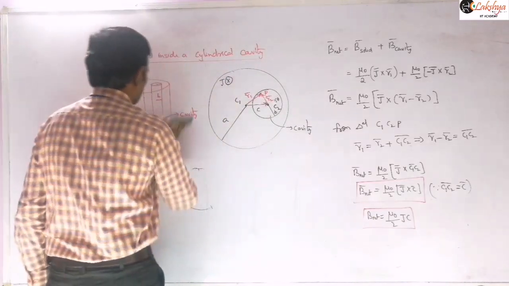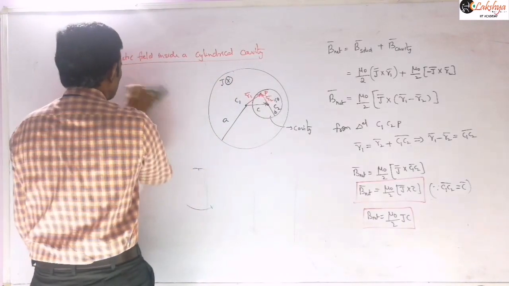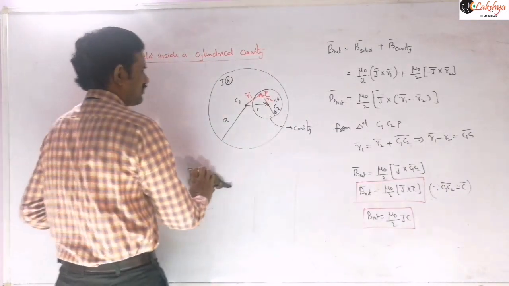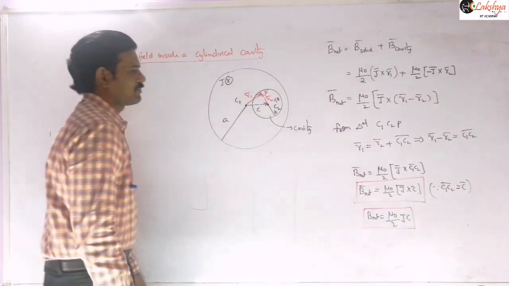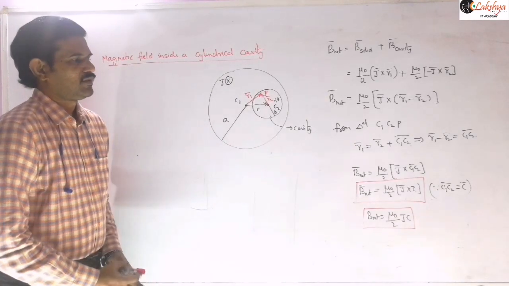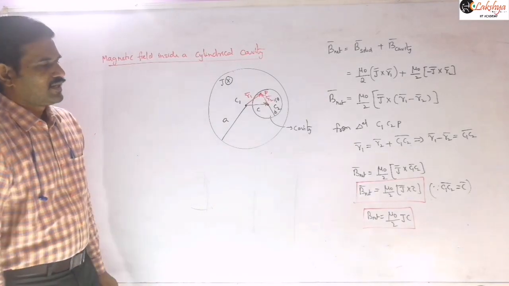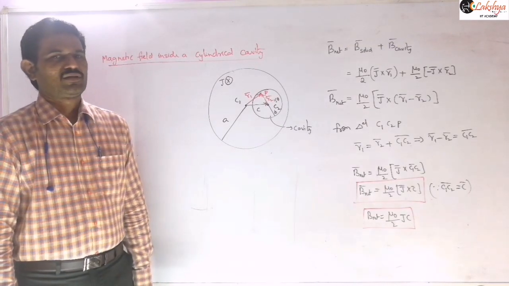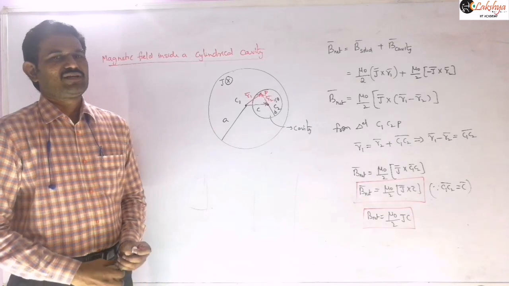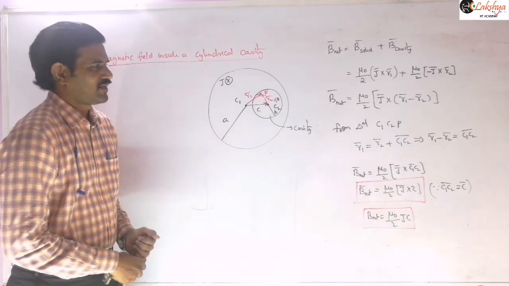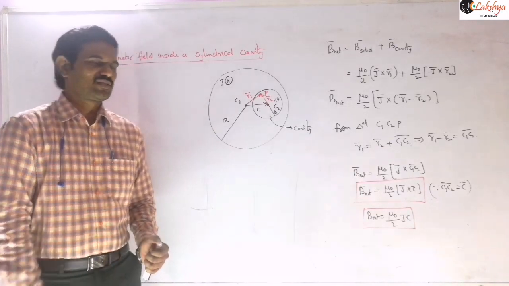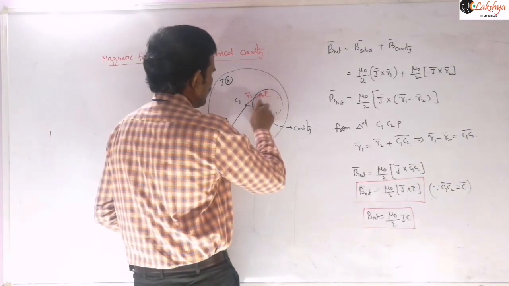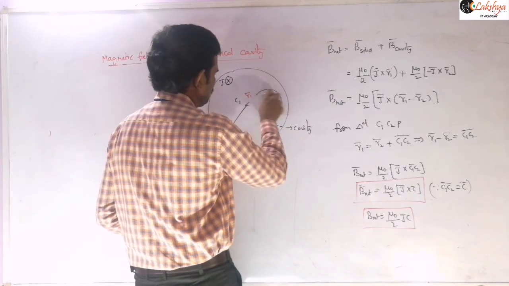Therefore, the magnetic field inside the cavity depends on the distance between the axis of the cavity and the axis of the cylinder.